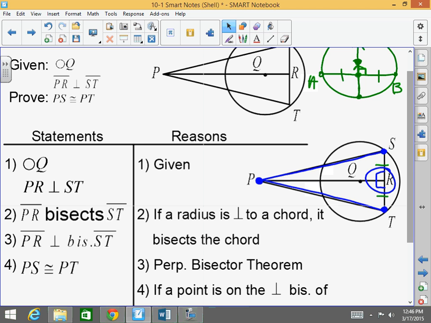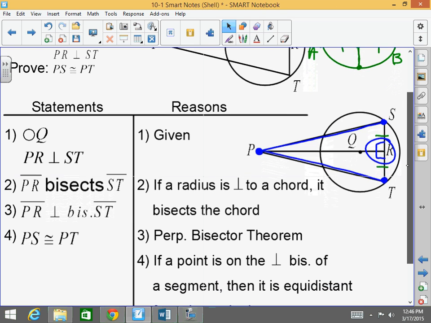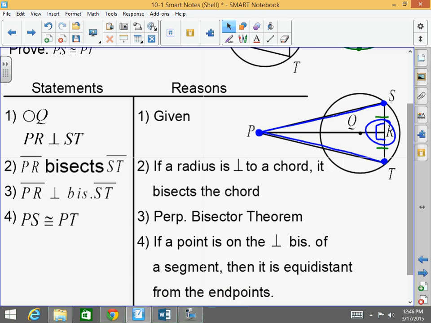Because if a point is on a perpendicular bisector of a segment, then it is equidistant from the endpoints. So what basically happened here was, since QR is a perpendicular bisector of ST, this point P is on this perpendicular bisector, so therefore PS has to be congruent to PT.